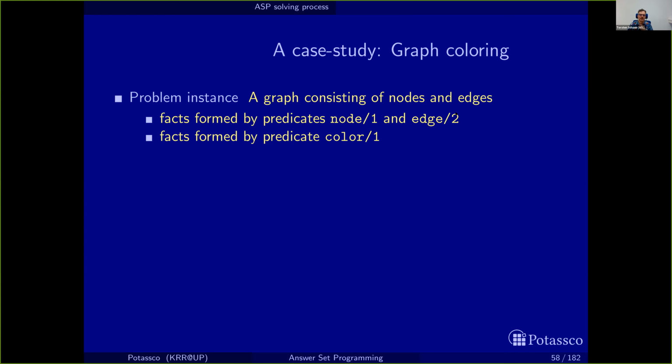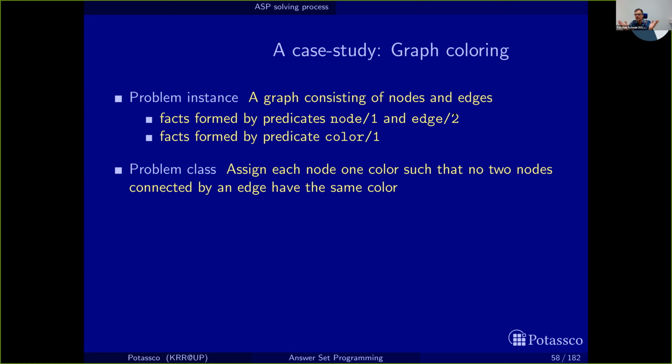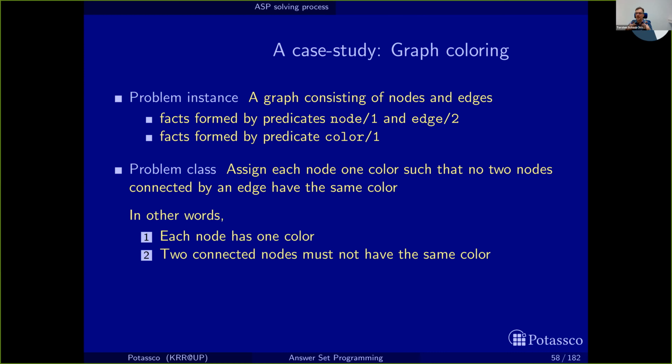Now let's look at the problem class. Here's the formalization: assign each node one color, such that two nodes connected by an edge do not have the same color. Very succinct, very much to the point. But for modeling this, you have to extract the bits and pieces, and it is better if you decompose this into two constraints. Again, this is my personal opinion, and other people may see that differently.